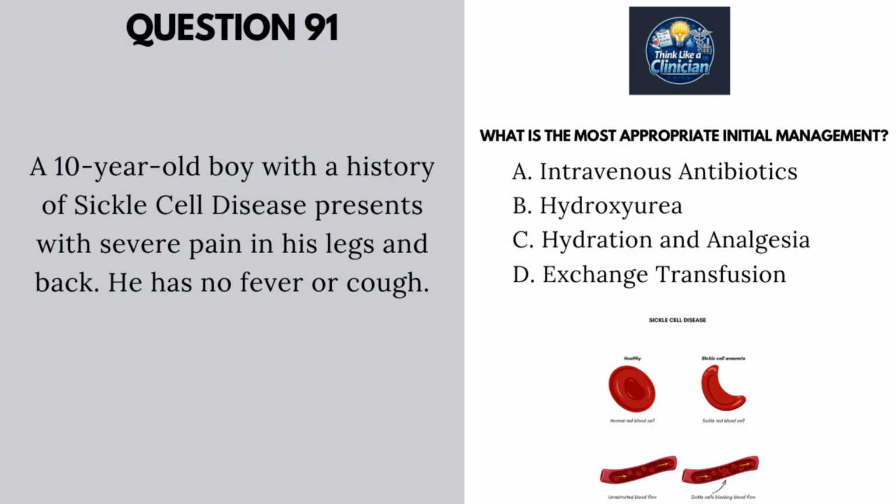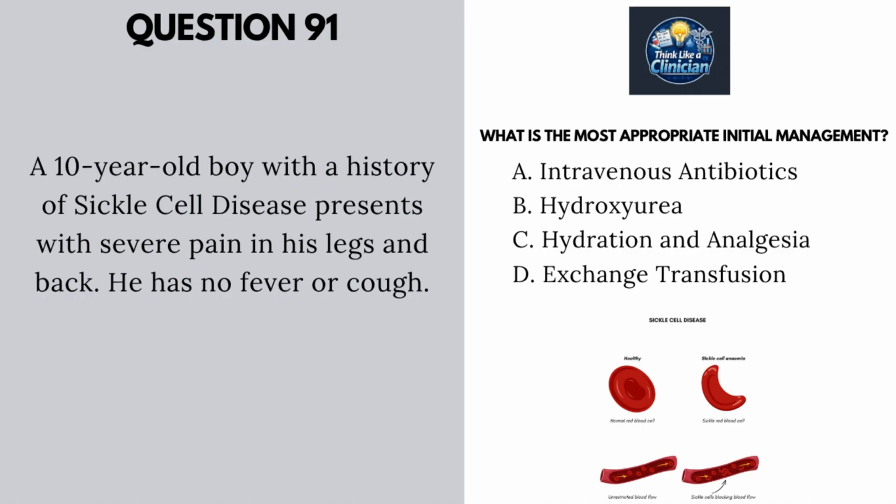In fact, excessive oxygen can suppress erythropoietin, potentially worsening anemia in the long term. Oxygen is only indicated if the saturations drop below 92% on room air or if there are signs of acute chest syndrome.